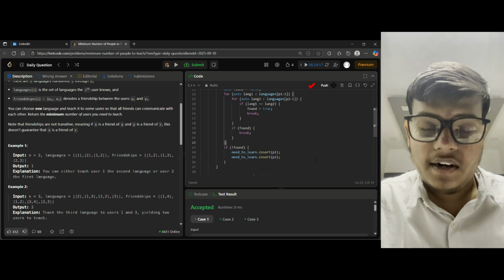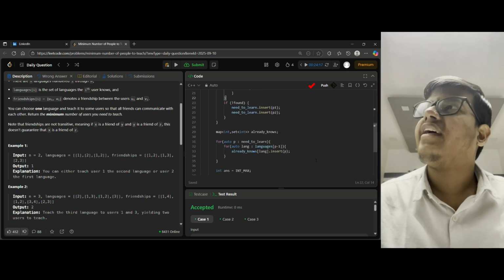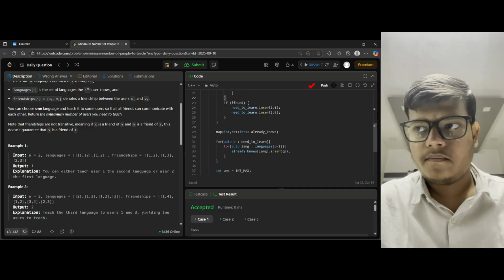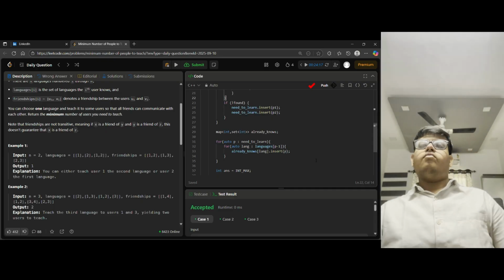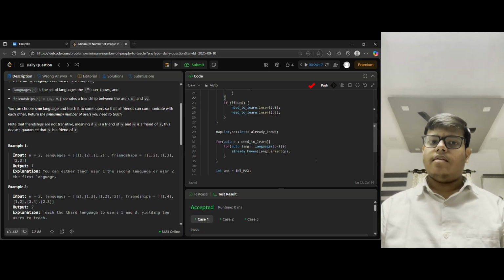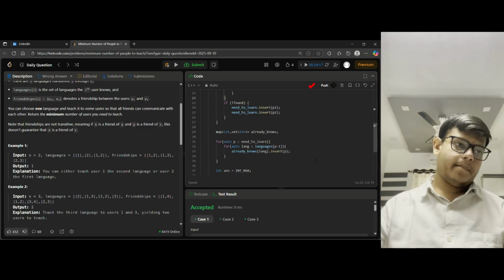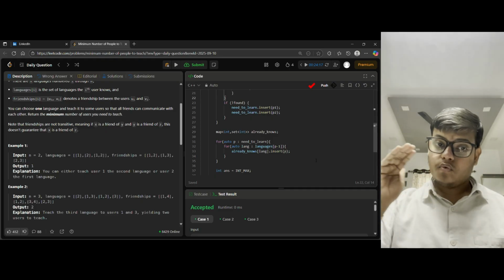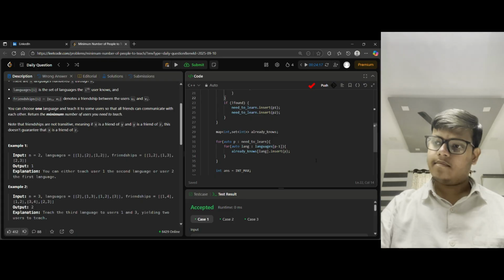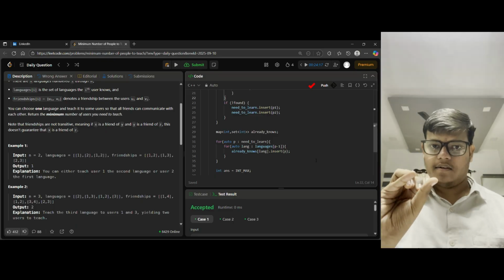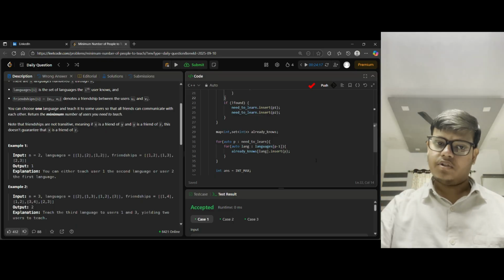The second part is how we can track the minimum language we need to teach. For that we are going to use some mapping, and this mapping is language to person mapping. What this indicates is that the particular language L is known by which users.